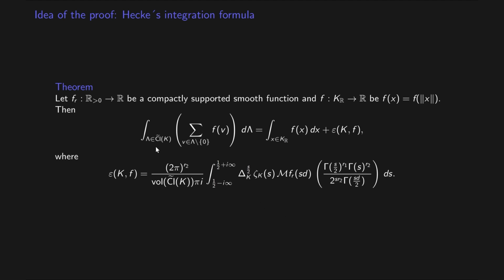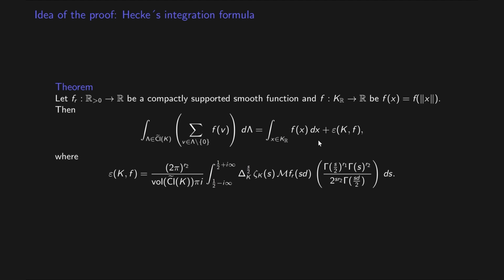So here we take a function f, a nice, compactly supported smooth function on our Minkowski space, and we want to compute the average, the expected value, of the lattice sum function associated to this function f.